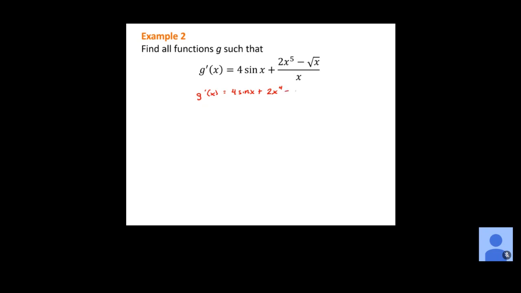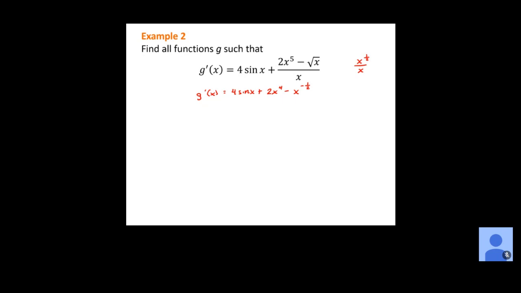Good. So we have our minus here, and then x to the -1/2. Because again, this is the same thing as x to the 1/2 over x. And so if we subtract those exponents now, 1/2 minus 1 will give us -1/2. So anytime you can simplify that first, go ahead and do that.